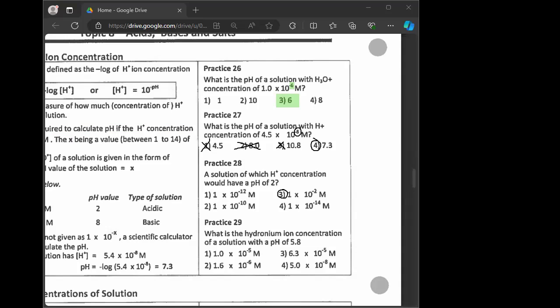It's not going to be option 1 because that would be a pH of exactly 5. It's not option 4. That's a little bit too far away because of that 8. I'm not sure which one. I think probably option 3, because I think option 2 would be 6 point something, but not 5 point something.